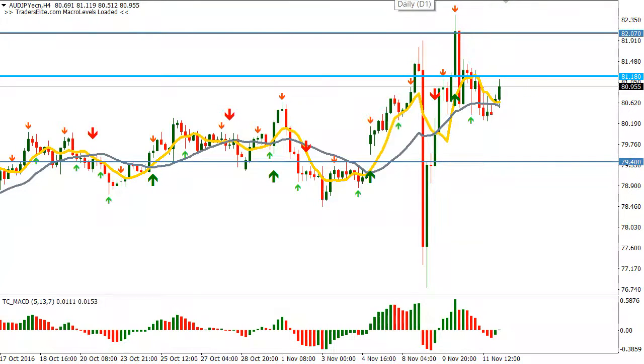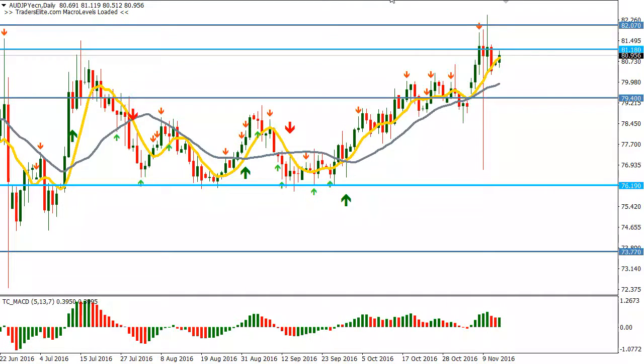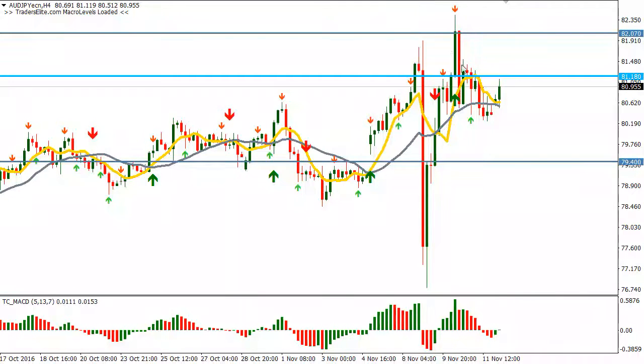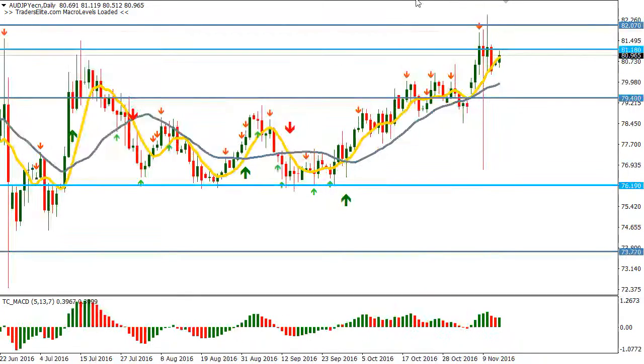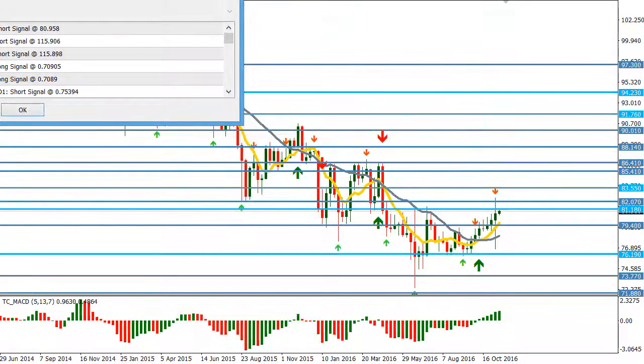If it does, then we could get a move higher. On the 4 hour, it's technically still up, but that's just because the fast moving average is above the slow moving average. If we get price closing above 81.18, I'd be a lot more interested in looking at it. Daily it's up and weekly is up as well.